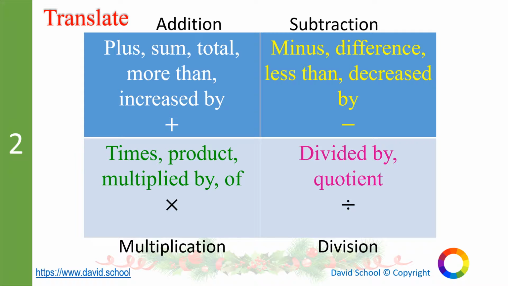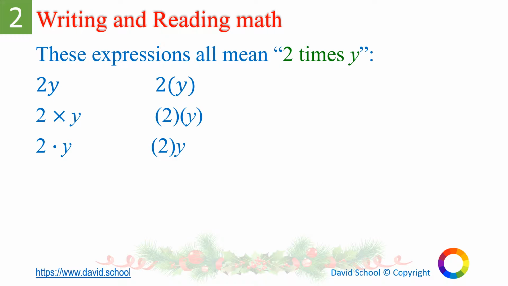For multiplication, times, product, multiplied by or of. For division, we use divided by or quotient. This chart is very helpful to translate verbal models into algebraic expressions. All these expressions mean 2 times y.